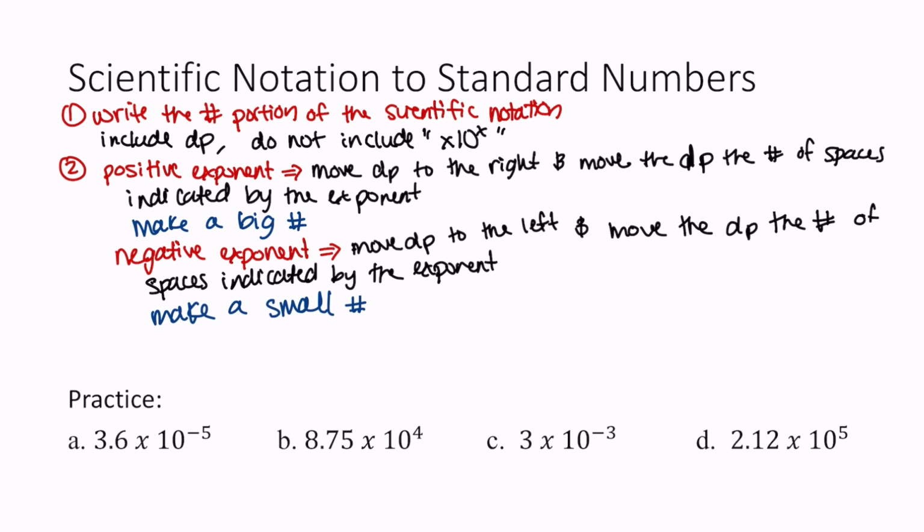In this first example, I'm going to rewrite my number as 3.6. Now I know I have to move my decimal point 5 places, and I'm going to move it to the left in order to make a really small number. So 1, 2, 3, 4, 5.